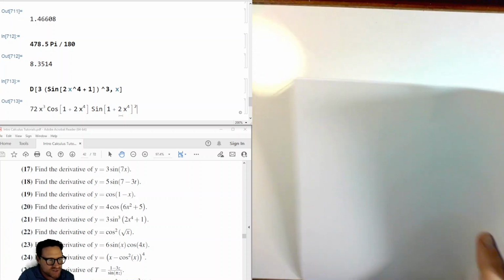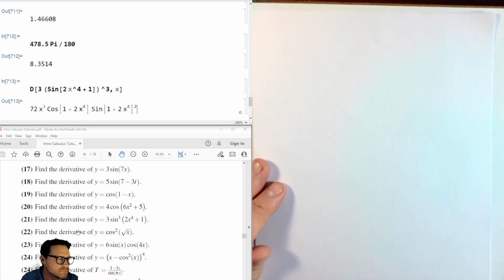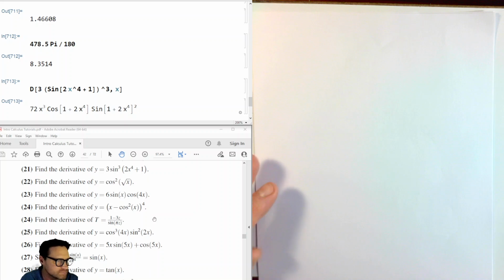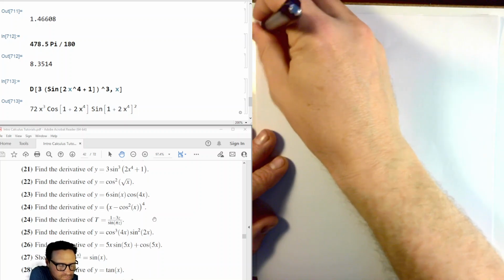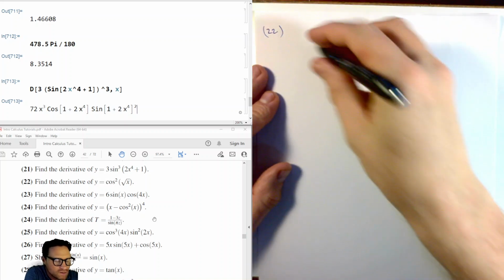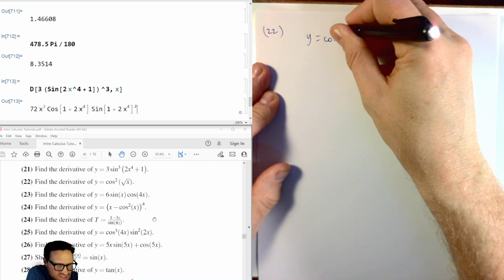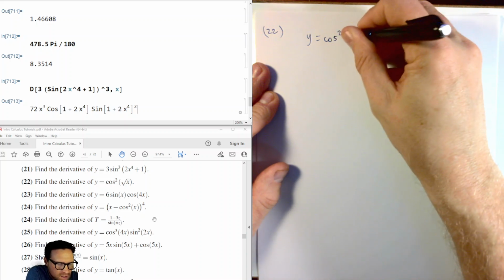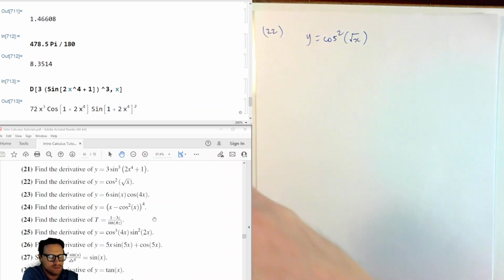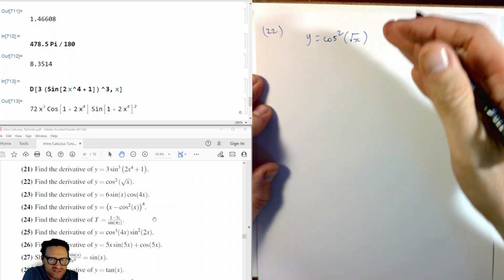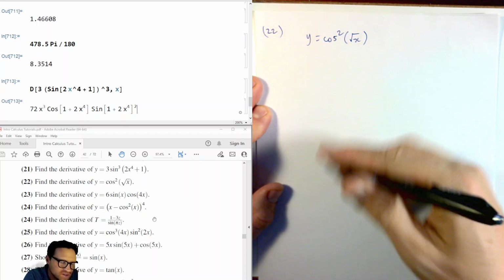And let's do question 22. Find the derivative of y equals cos squared of the square root of x. Okay, so I'll do this a little bit faster now, not necessarily setting out a u.